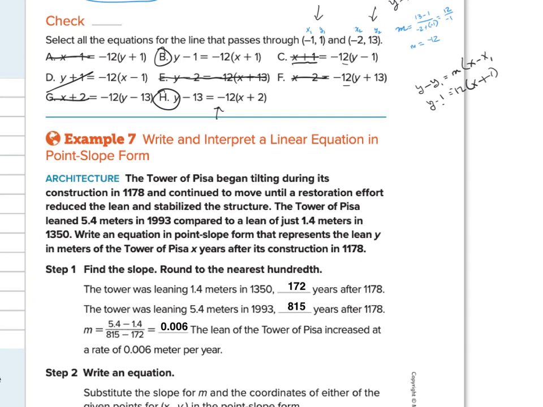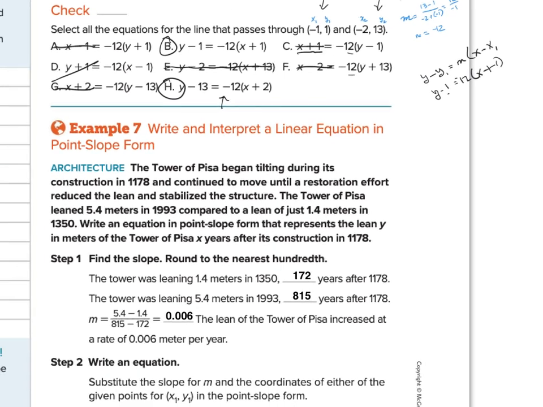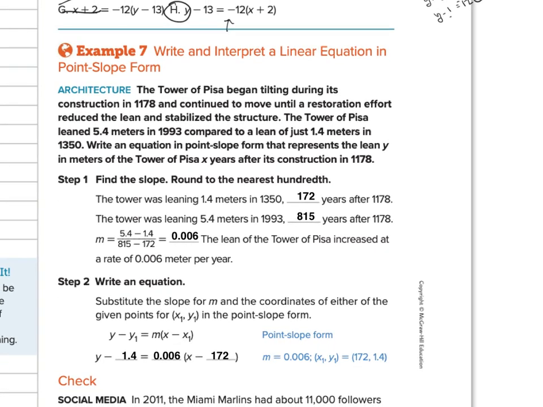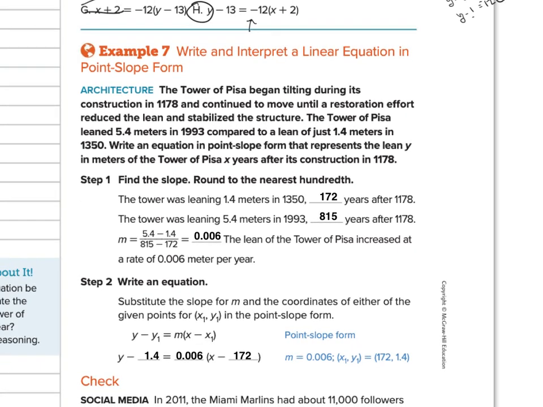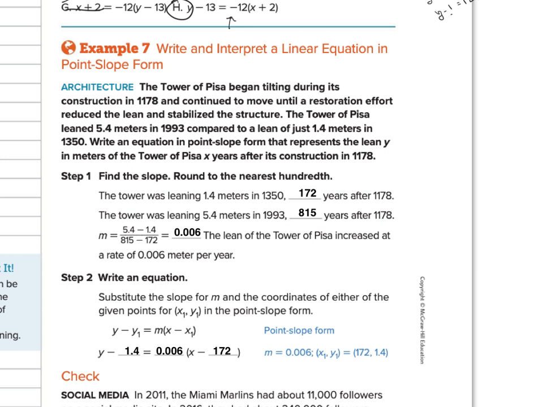And then write and interpret a linear equation in point slope form. Well, thinking about it, using my ordered pairs, the Tower of Pisa began tilting during the construction in 1178 and continued to move until the restoration effort reduced the lean and stabilized the structure.